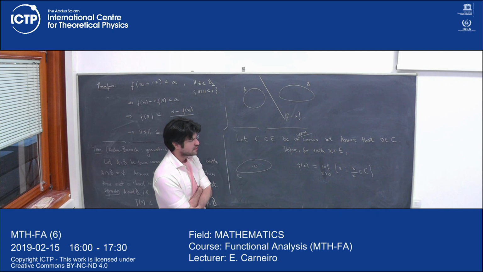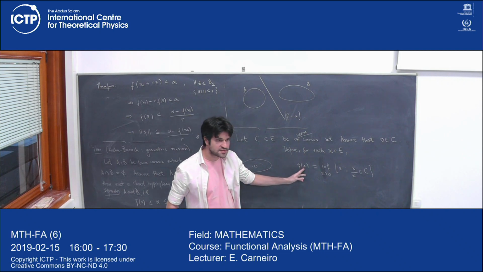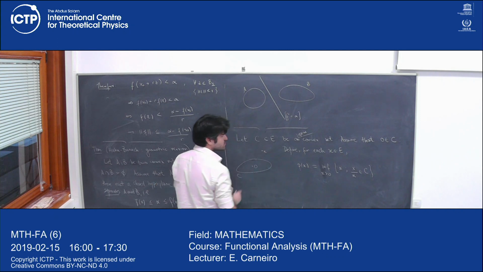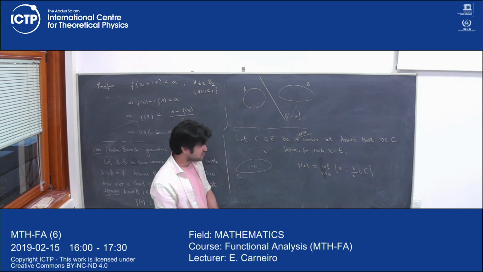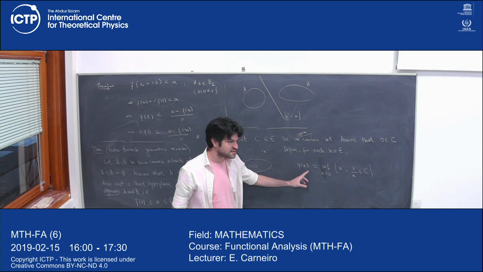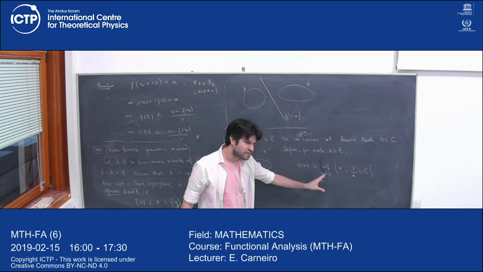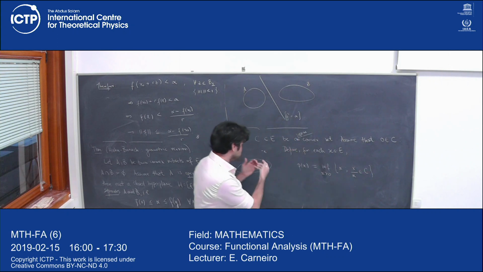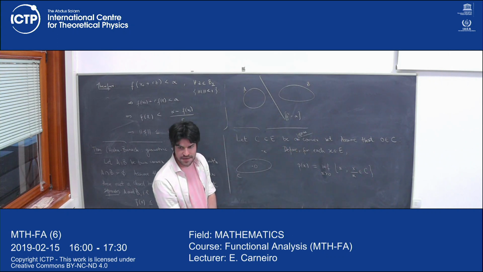Okay. So my x is fixed. If you take an x right here, I'm trying to define this function p of x as the infimum of all positive numbers alpha such that x over alpha will finally fall inside my set.